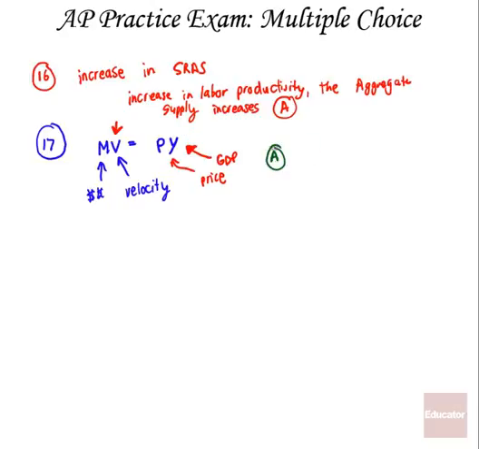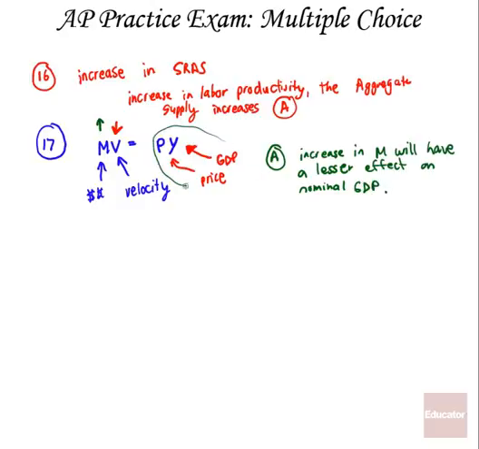A makes sense because an increase in the money supply, so if you counteract the lack of velocity or the amount of money that's circulating, if you increase the money supply, an increase in M will have a lesser effect on nominal GDP.